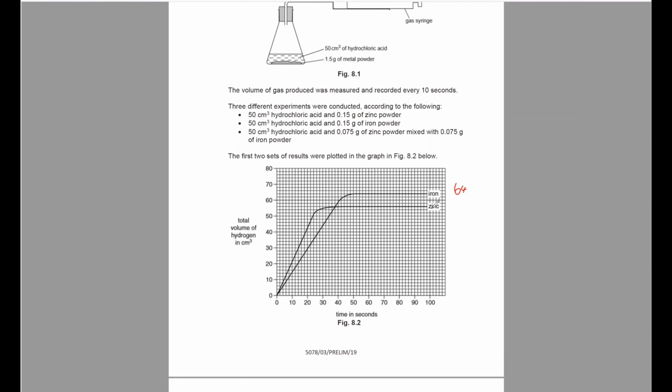Yeah, 64. Then the other one is 56. Because the amount of metal powder is half for iron and zinc in the third experiment, this one has to divide by 2 to become 28, and this one becomes 32. So the total volume will be 32 plus 28, which gives you 60.